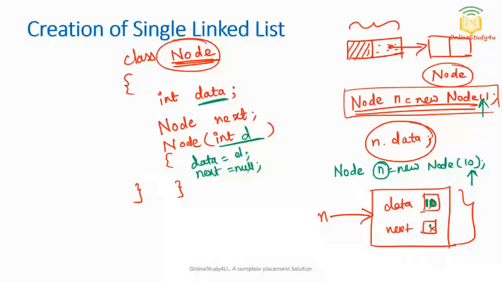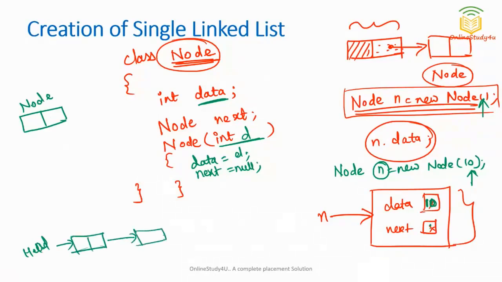So let us code this. Yes, first we can do that also. Why is next null? See, currently we are just creating a particular node. We are not attaching it to the linked list. Suppose this is our linked list, like head, and we have some nodes here.